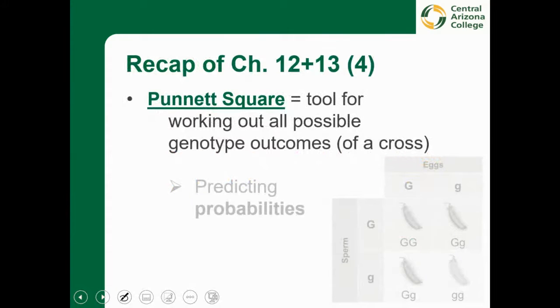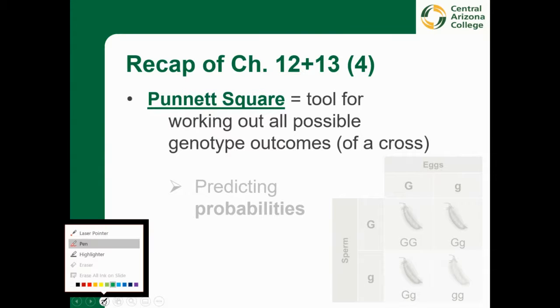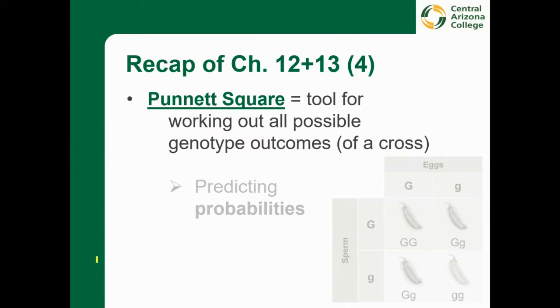And this brings us to a final recap of the content that I wanted to discuss with you, which is the concept of the Punnett square. Again, I assume that this will be familiar to you from things that we have discussed in the past. The Punnett square is simply a tool that we use in genetics to work out all possible outcomes of a cross between two individuals.